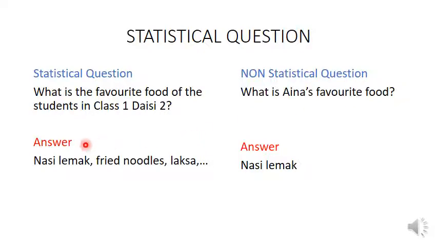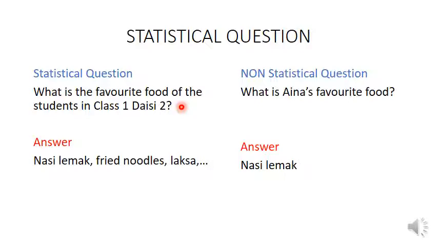Look at the answer for the statistical question. Before that, just now you did an interview for class 1 Lily 2. But for this class, you can do a survey.